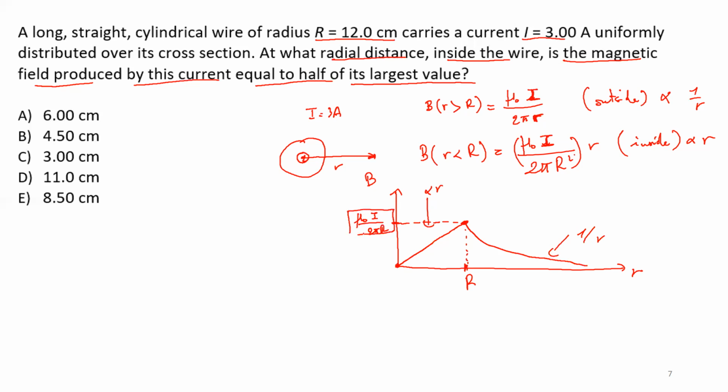Great. Now, if I ask you at what radial distance inside the wire the magnetic field created by this current is half of its maximum value, you know that I have to divide the maximum value by 2. That means I have to divide the R by 2, because you see here, this is inside.